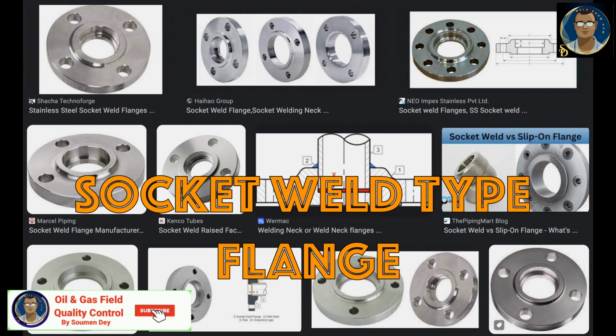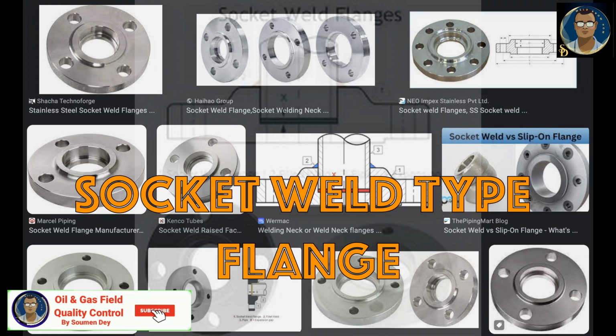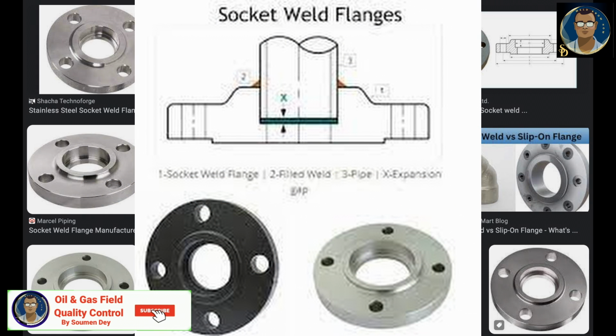Socket weld flanges, or SW flanges, contain a shoulder on the inside of the flange that acts as a guide to set the depth at which the pipe is welded to the flange. They are fabricated by inserting the pipe end into the flange until it bottoms out against the shoulder and then retracting the pipe 1/8 inch before welding it in place.